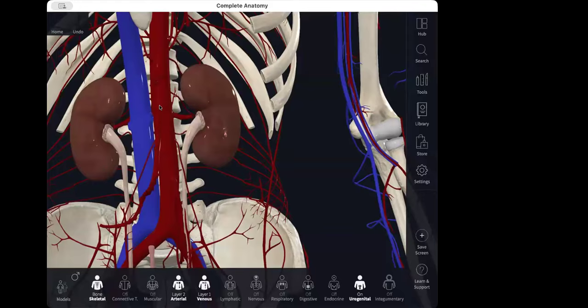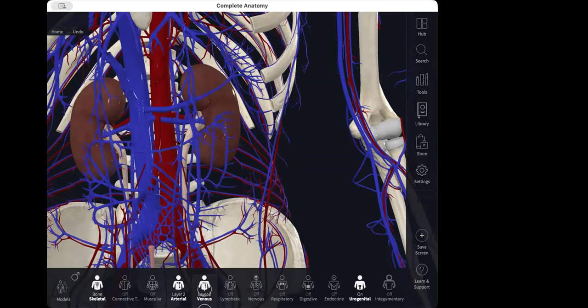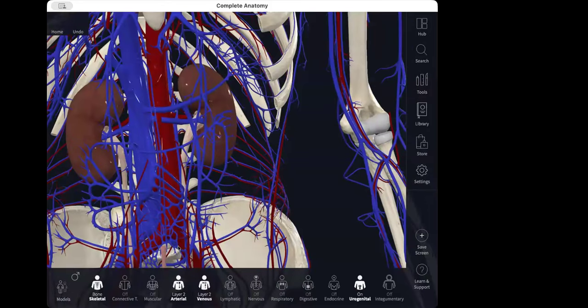Anyone know what artery this is called? Yeah, well done. This is called the aorta. Excellent. Because the kidneys filter your whole bloodstream, they require blood supply directly from the aorta.